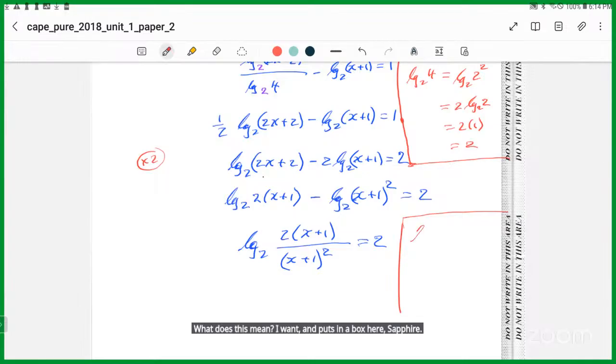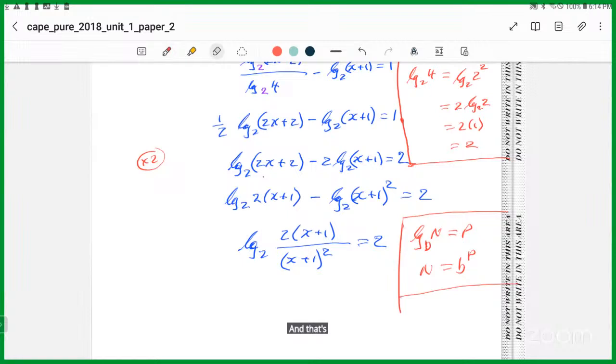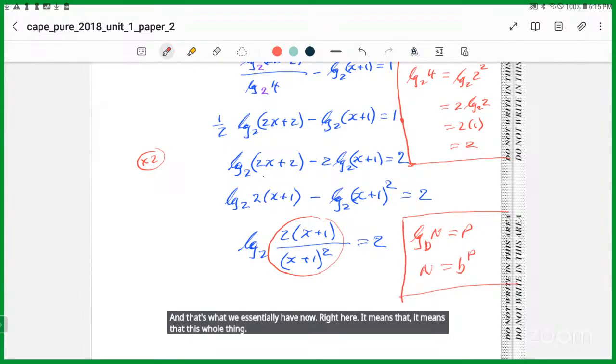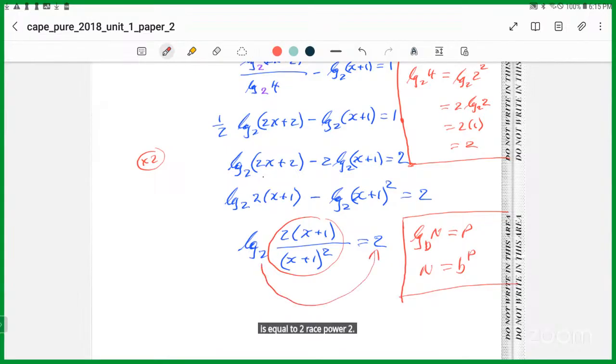When you have a log of a number to a base equals a power, it means that this number is equal to this base raised to this power. And that's what we essentially have now, right here. It means that this whole thing is equal to 2 raised to the power 2, if you want to go from log to indices.